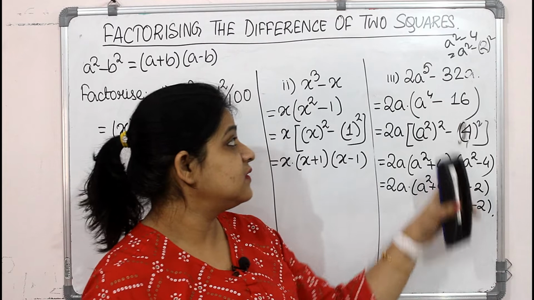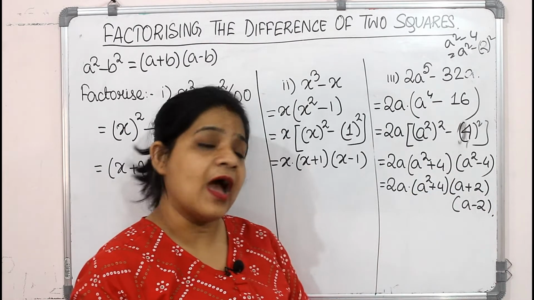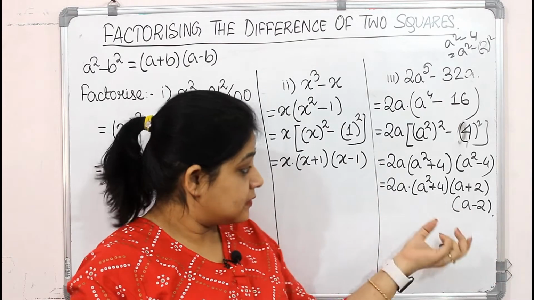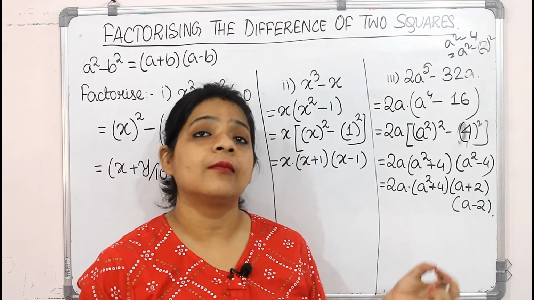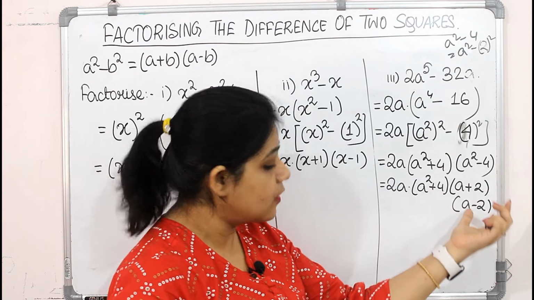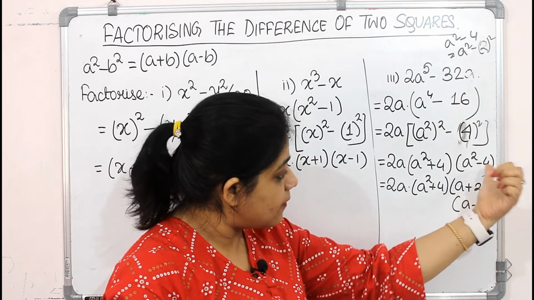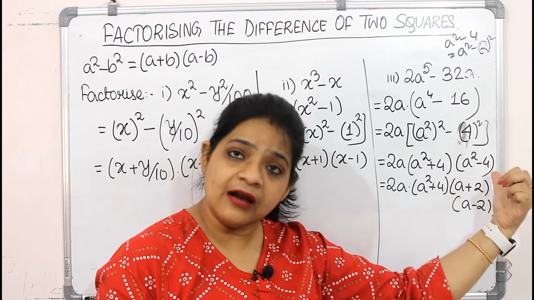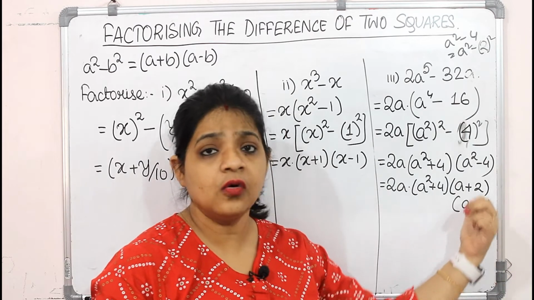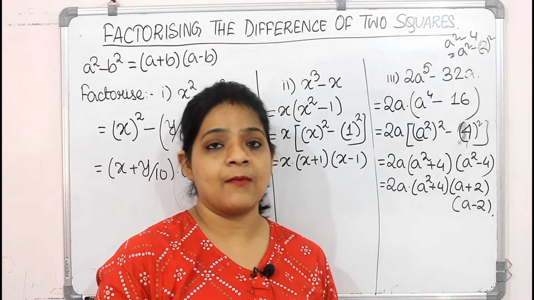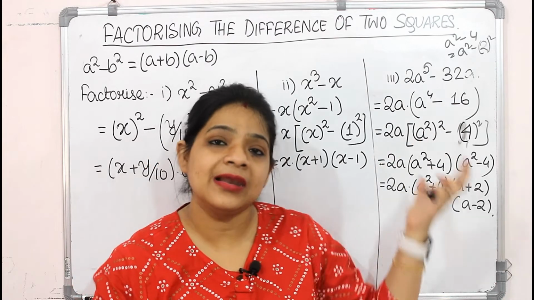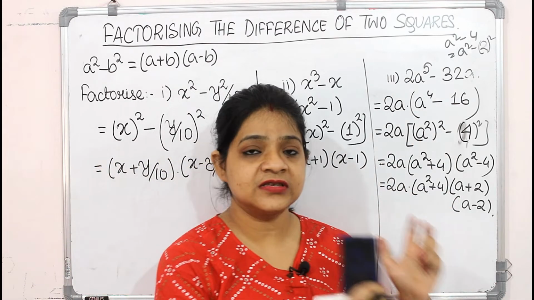Okay, so this is how we have to see. After breaking it, again you have to check whether any term makes a difference of two squares or not. From here we have seen that a square minus 4 is again a difference of two squares, so it can again be broken into (a plus 2) into (a minus 2).